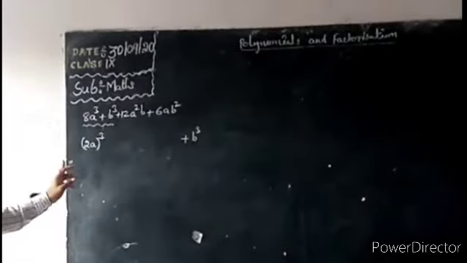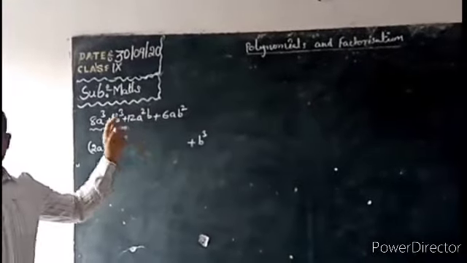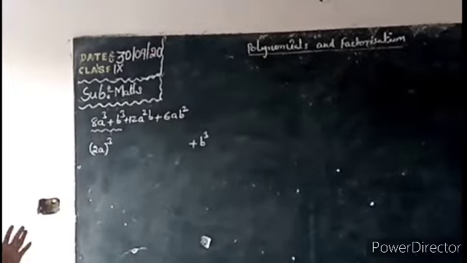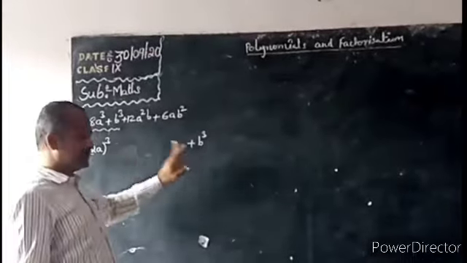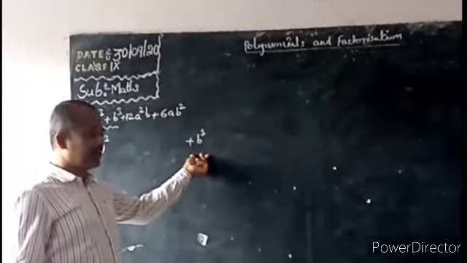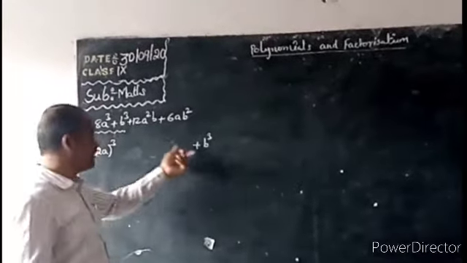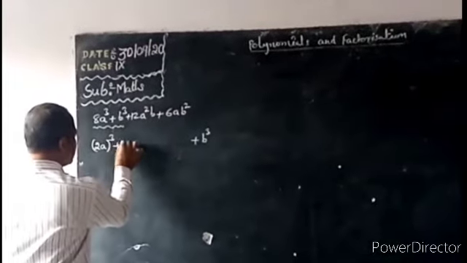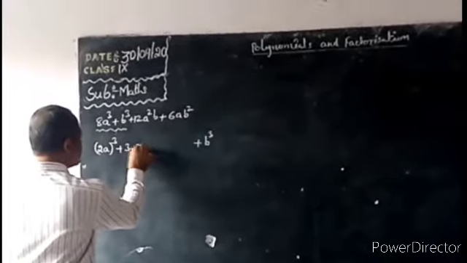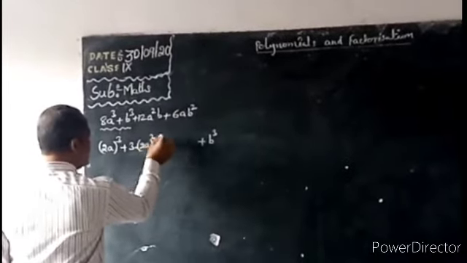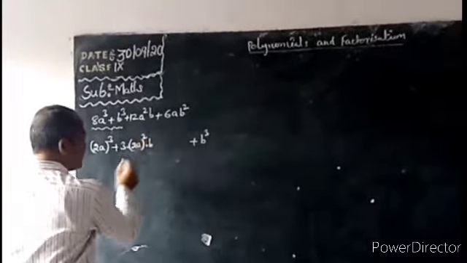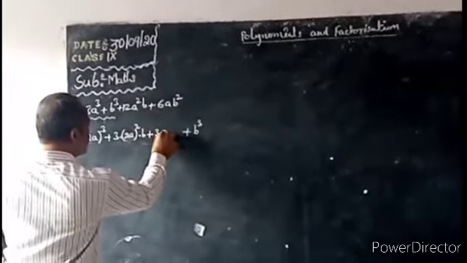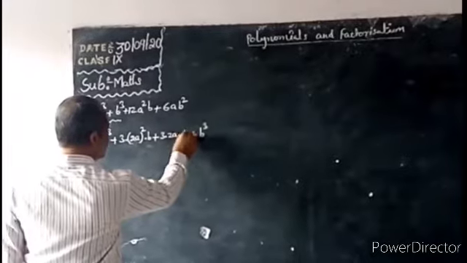First, as per the identity, x cube plus 3x square y plus 3x y square and y cube terms exist now. That's why I am writing a cube as the x cube formation and b cube as the y cube formation. Here plus sign, so plus on the next term also. Now 3 into 2a whole square into b. Right? Plus 3 into 2a into b square.